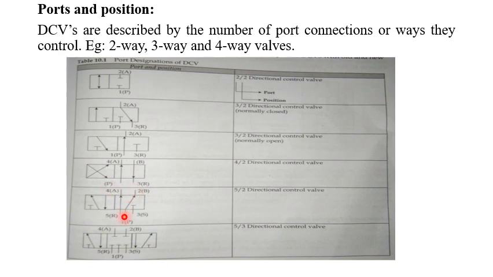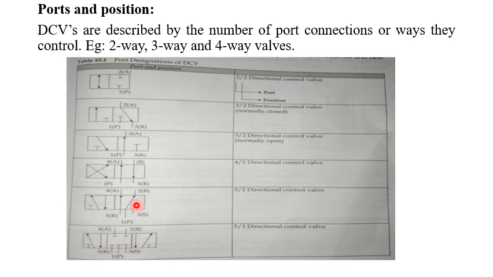Now with respect to the supply, 1 always indicates the pump input, and for that reason they use P. Next, 3 and 5 are the return lines. R will be the return, and S is also one more return. So we have two return lines and one input line. This has 5 ports and 2 positions, a 5 by 2 valve.